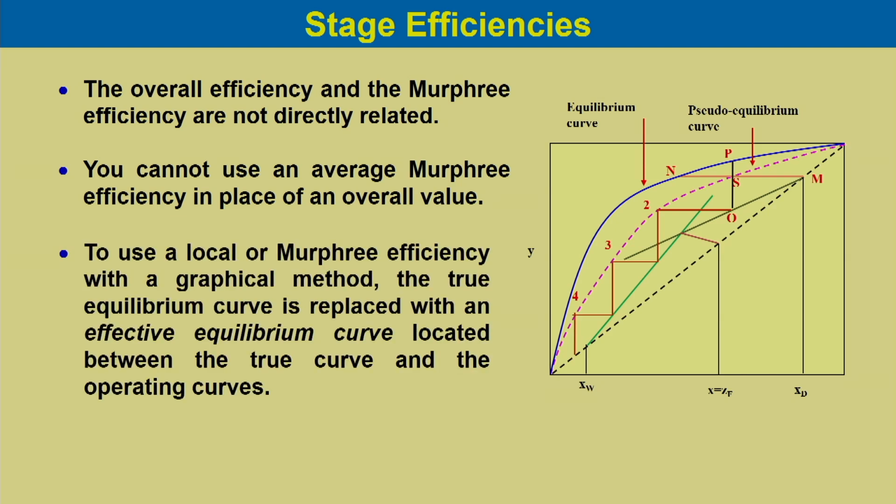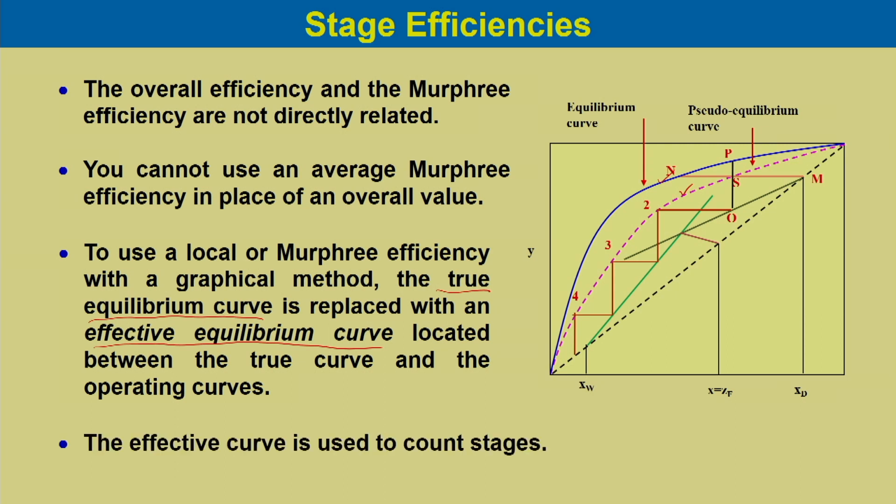To use a local or Murphy efficiency with a graphical method, the true equilibrium line, which is the blue line shown over here, is replaced with the effective equilibrium curve, which is the pink line, located between the operating line and the equilibrium line. The effective curve is used to count the stages.